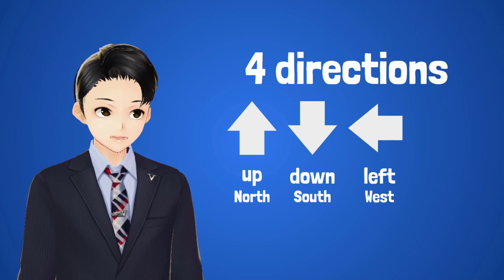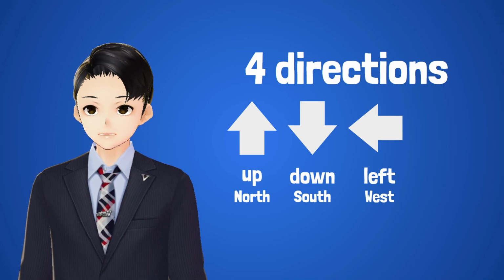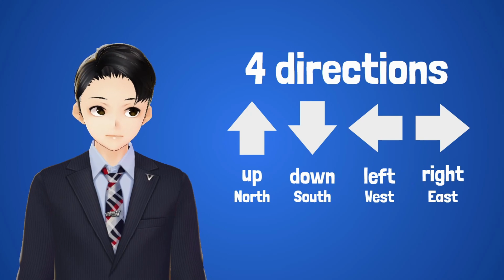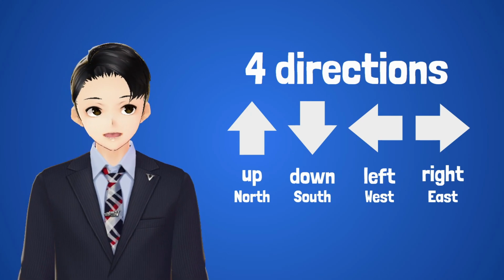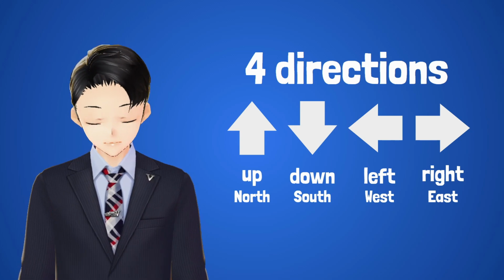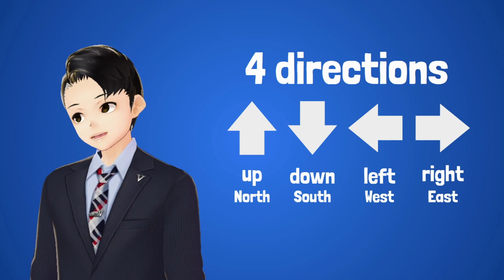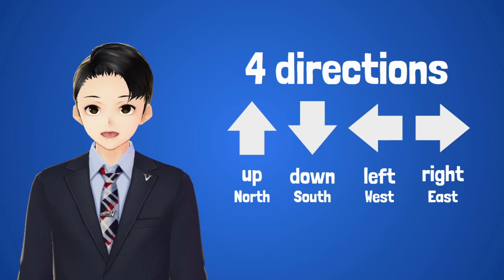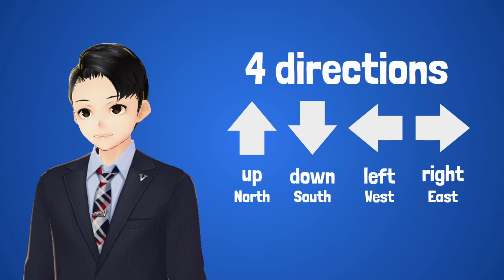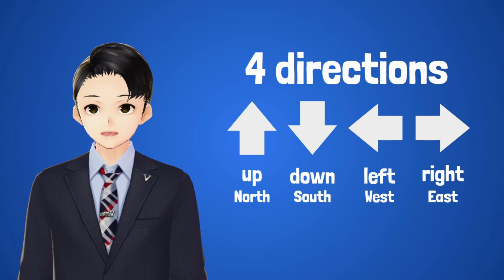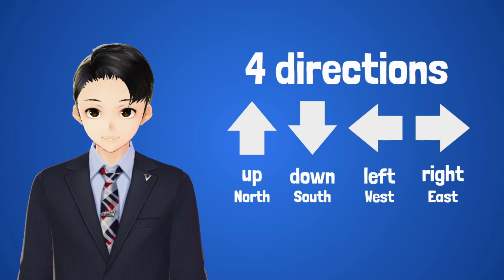Also have left, which is west, and right, which is east. So we have up north, down south, left west, and right east. Remember those 4 directions, which we are going to use to have movement.